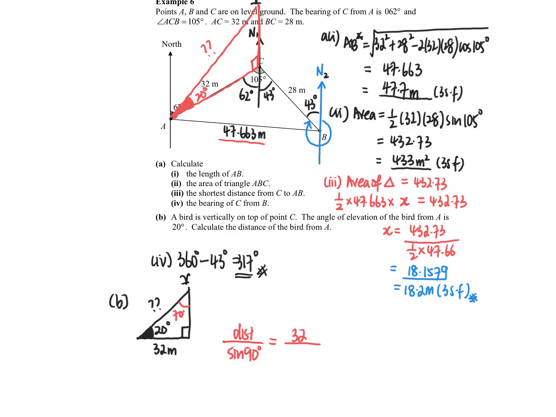The drawing doesn't look 90 degrees, so you must visualize that it is standing out of your paper. What I'm drawing now is the triangle, which is flat here. This is my triangle. So if the bird is perpendicular to it, and I'm looking up from here, it's a right angle triangle.